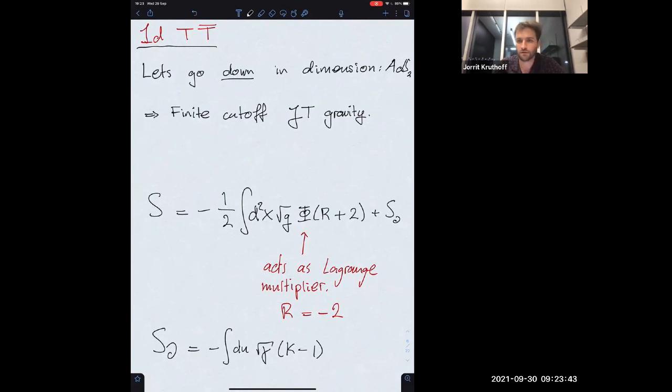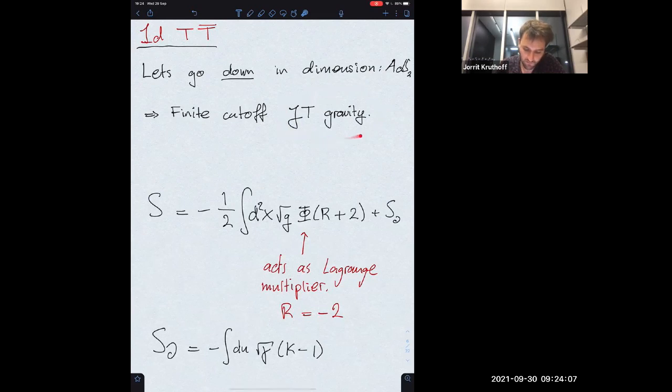The simplest way is to think about it as a dimensional reduction of the 3D case, although you can also think about it as a standalone problem. And in that case, the gravity theory that we will be discussing in the bulk is JT gravity.